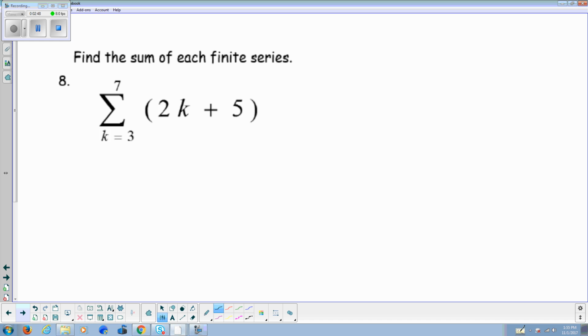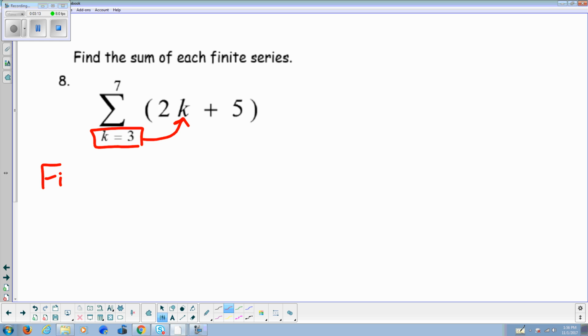Okay, so here is one of our examples. Find the sum of the finite series. In order to find the sum of an arithmetic series using the summation notation, our lower limit gets substituted into the explicit formula to find the first term.